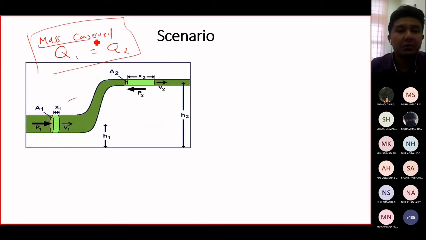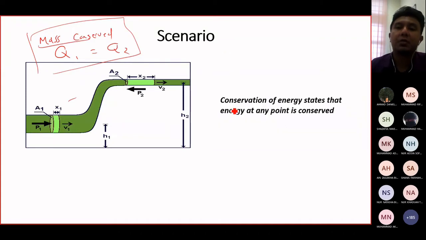But now, this is mass conserved. Now we have conservation of energy. The Bernoulli principle, or Bernoulli equation, is related to conservation of energy. Conservation of energy states that energy at any point is conserved.